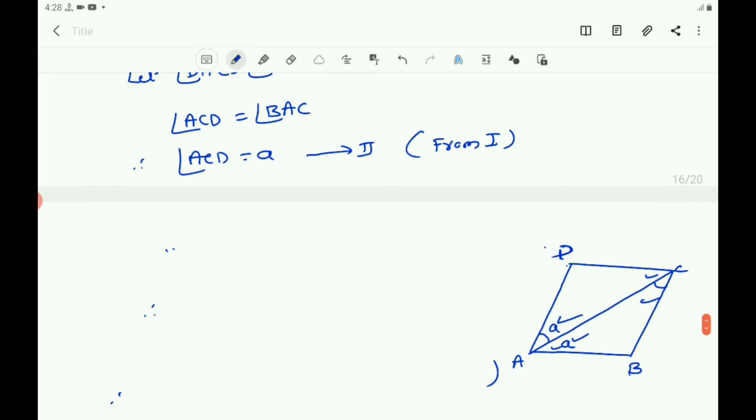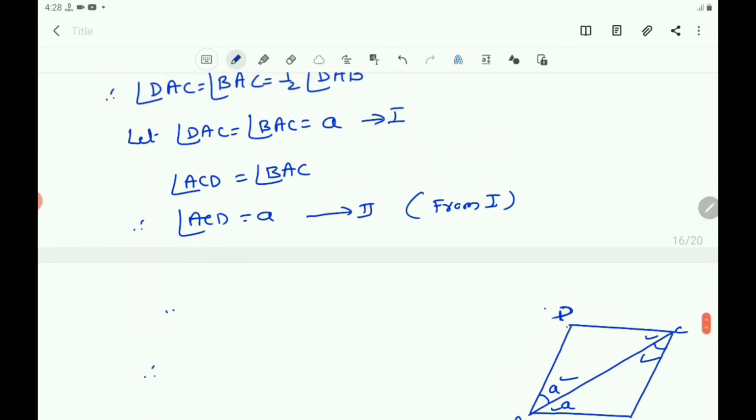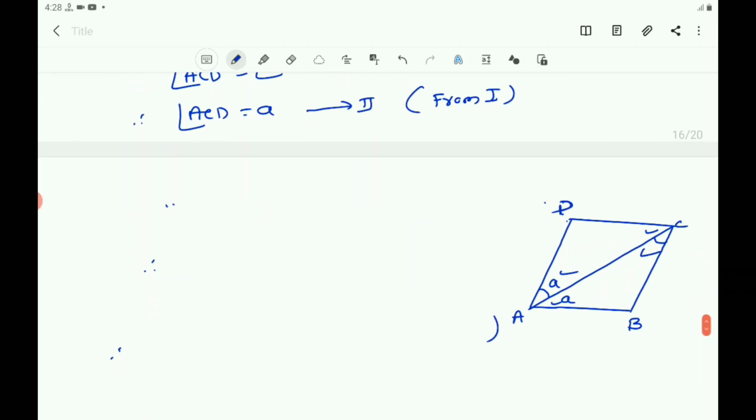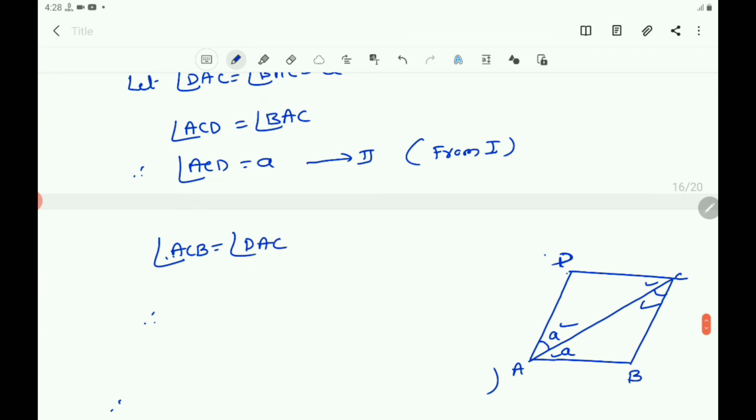Again you take the other angle ACB. This angle ACB equals angle CAD, or DAC. So you write angle ACB equals angle DAC. Why are they equal? Because they are a pair of alternate angles.